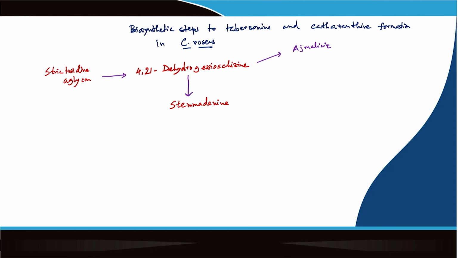So, from stemmadenine to tabersonine or to catharanthine formation, it was not clear, but the organic chemists have synthetically shown such reactions. That actually helped the combinatorial chemist as well as the biologist or the synthetic biologist to work out the steps.